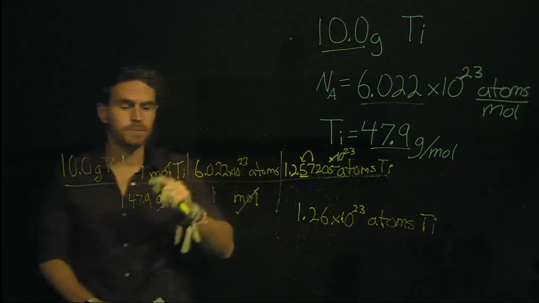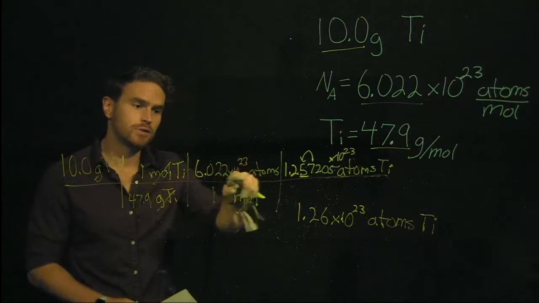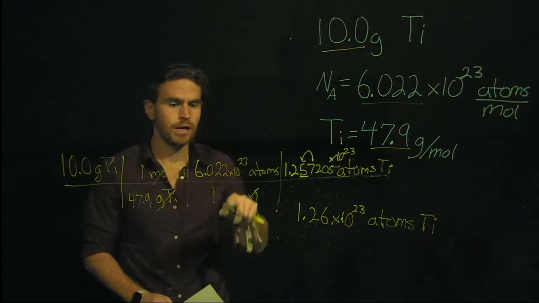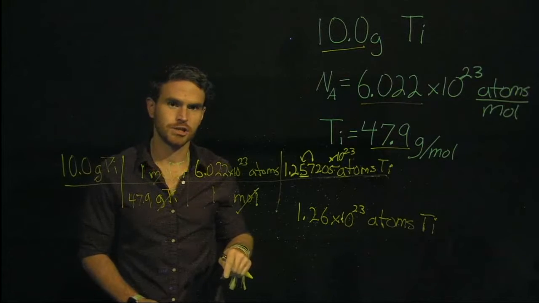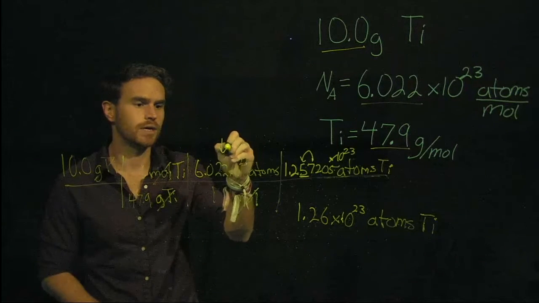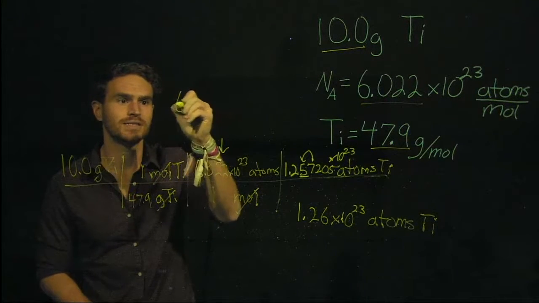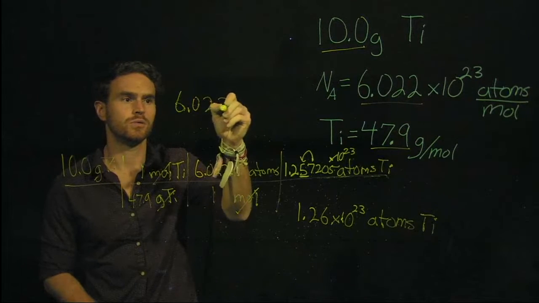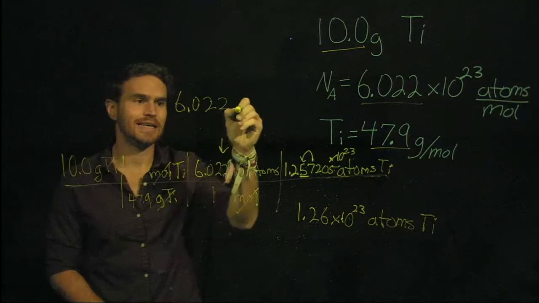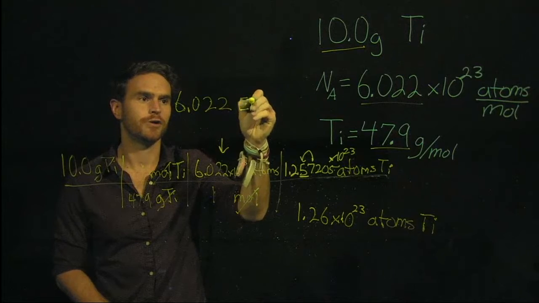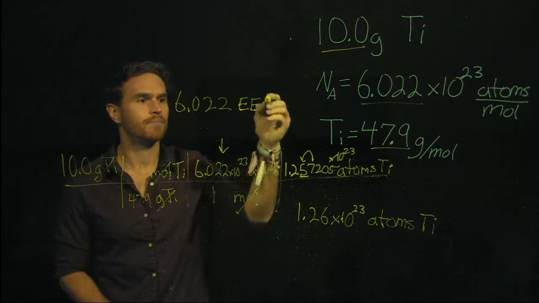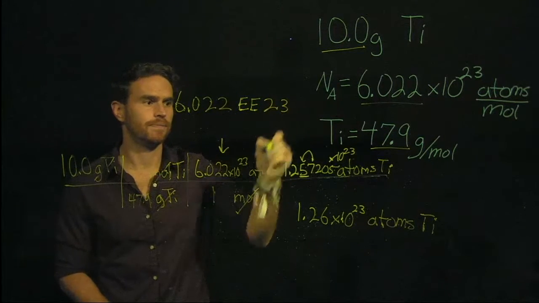Now, some people have been asking about how to plug this into your calculator. Anytime you have scientific notation, the way that you would plug this value in would be by putting 6.022 and then hitting the EE button on your calculator and then putting in 23.